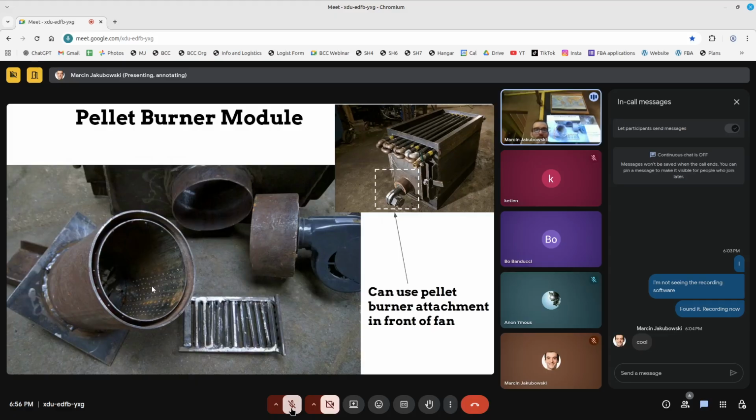This was a partial experiment into a dual pellet / firewood stove. How does that work? Well, you can put regular logs in there, or you can insert this blower assembly where you drip pellets into it, so that front burner element is a pellet burner. We never got it to work.